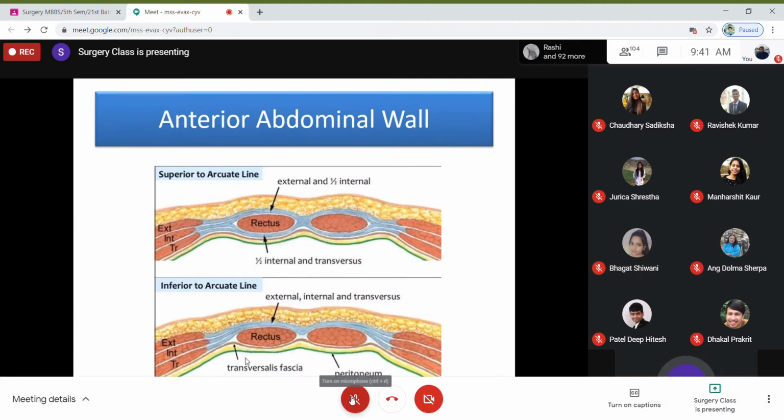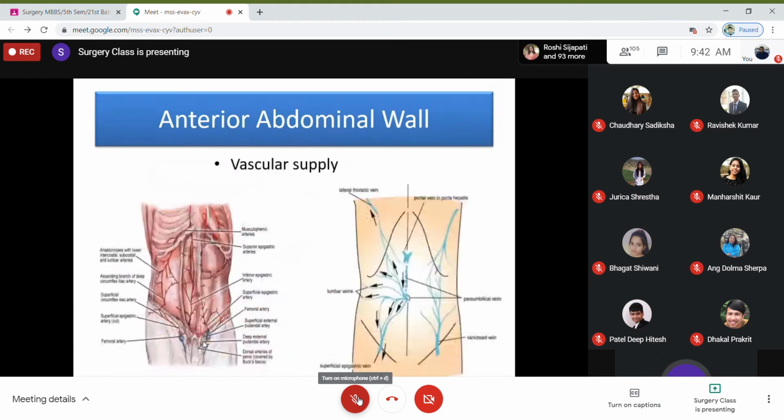There is no posterior rectus sheath now. You see, there is no posterior rectus sheath like here, above the line. So this is the line. That is the arcuate line.